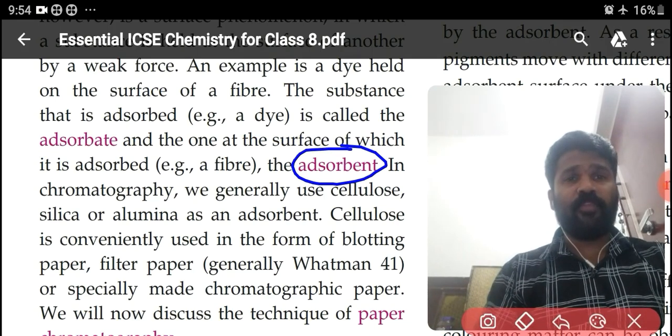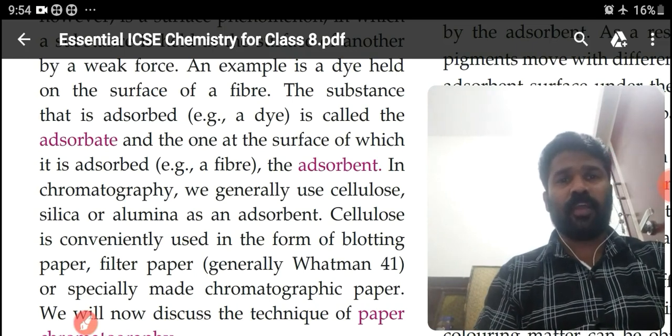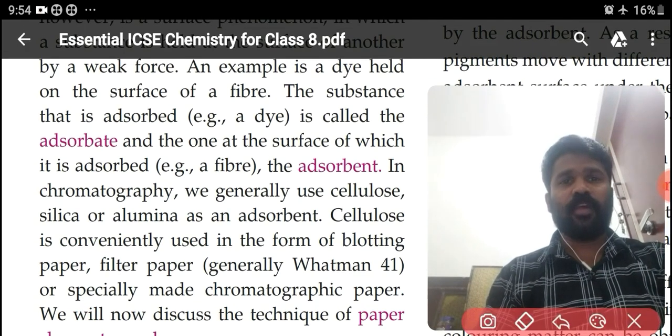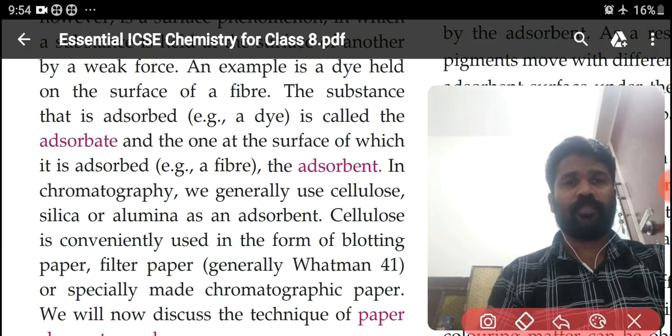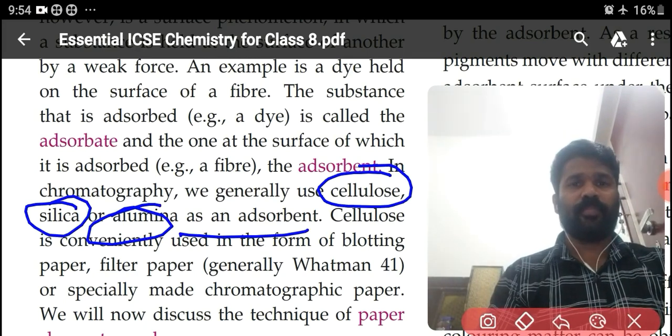In chromatography, we generally use cellulose, silica or alumina as adsorbent.